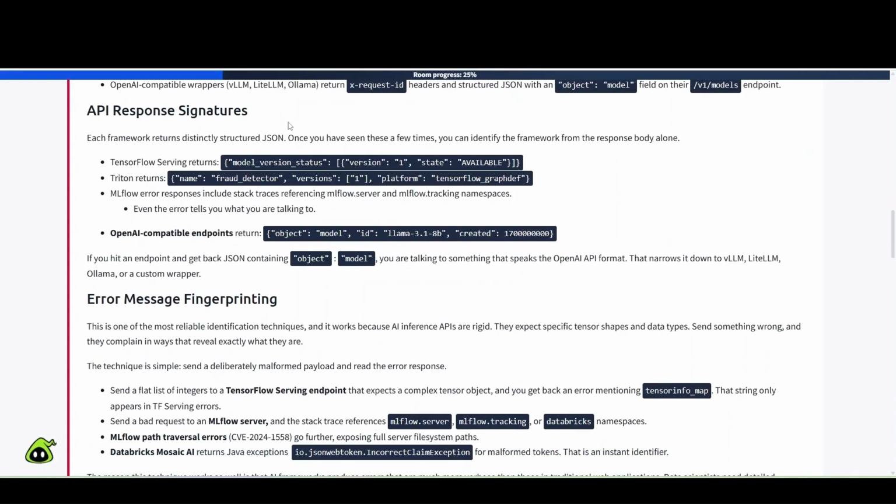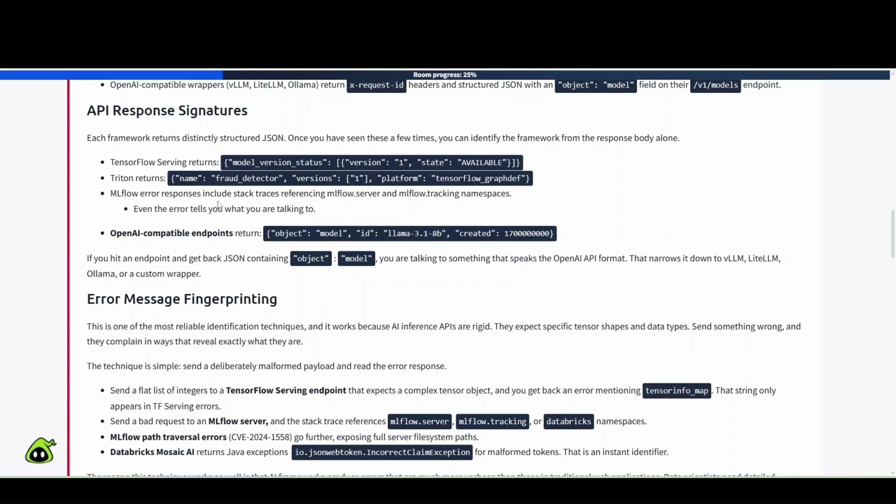API response signatures. Each framework returns distinctly structured JSON. Once you have seen these a few times, you can identify the framework from the response body alone. TensorFlow Serving returns model version status, version 1, state AVAILABLE. Triton returns the following here.